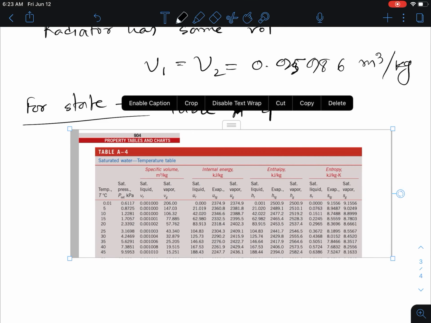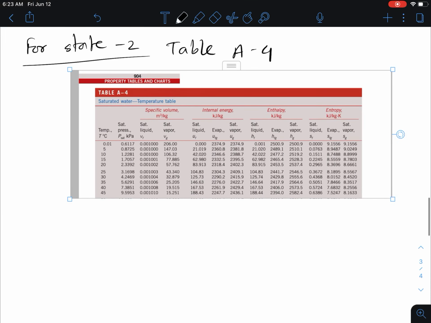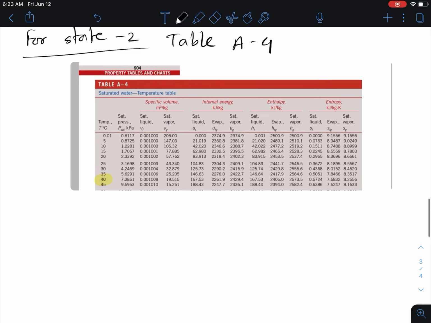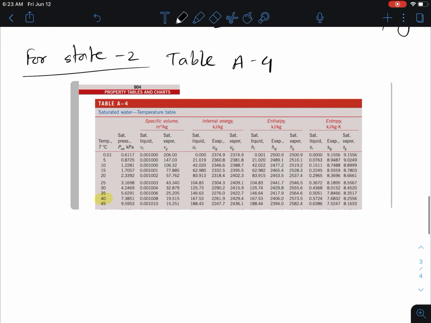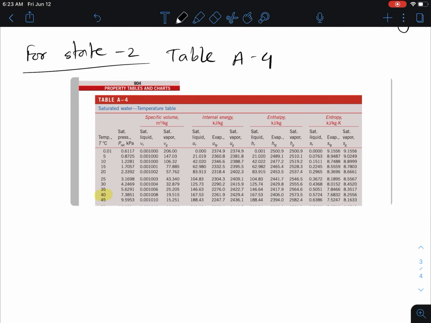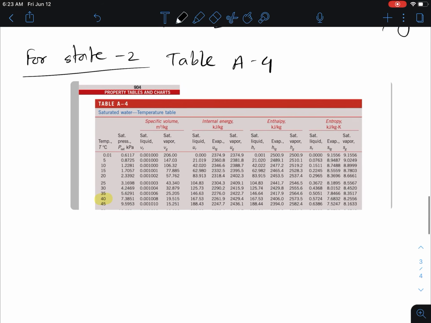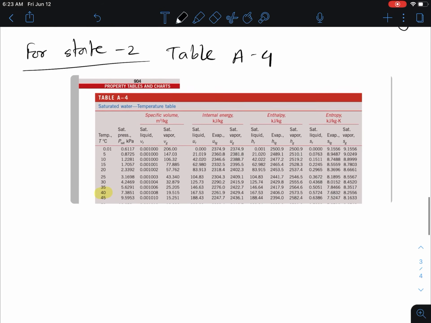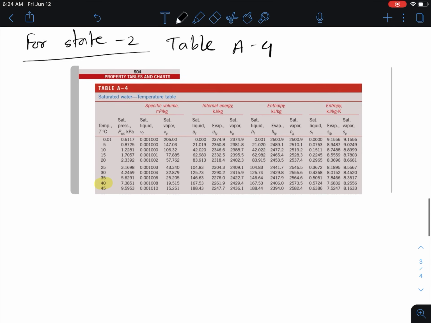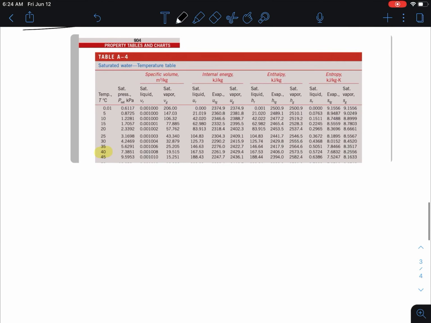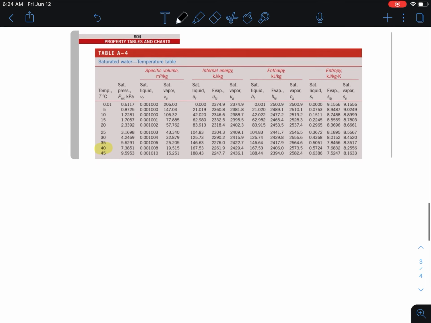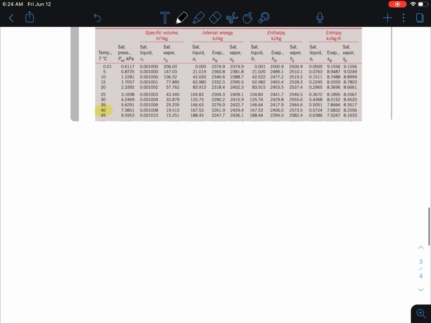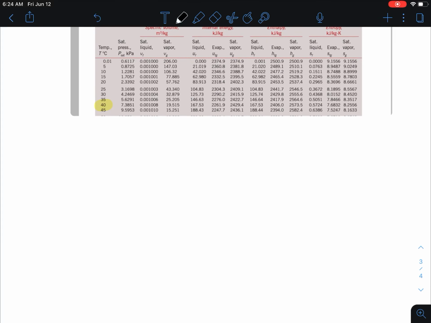So from this table A4, we'll take a look at this 40 degrees C condition right here. What is the entropy or specific volume of the saturated liquid and saturated vapor? Based on that, we'll calculate the quality of that vapor liquid mixture.